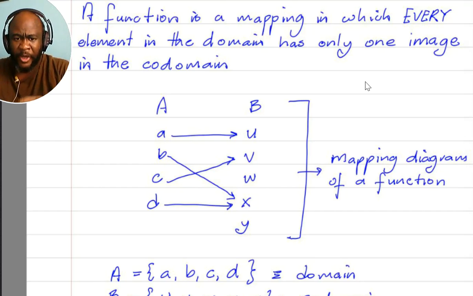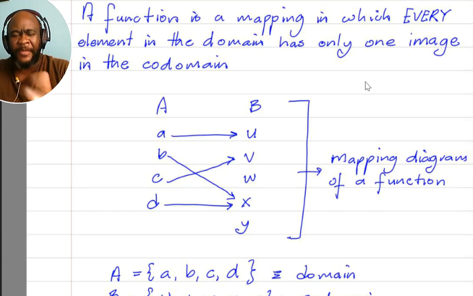Please note, all the elements of set A are mapped to only one element in B. The elements in B are the images of the elements in A. So the image of a in A is u in B. All right.